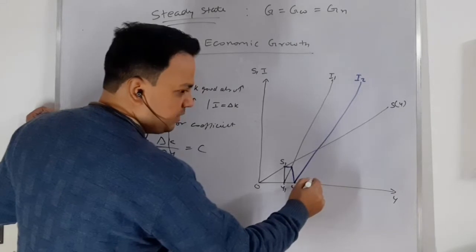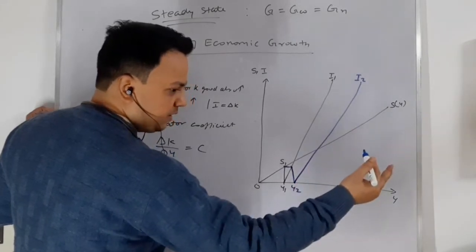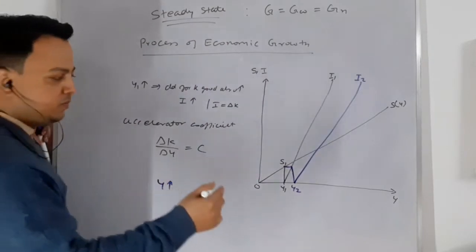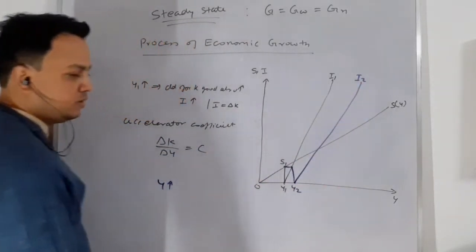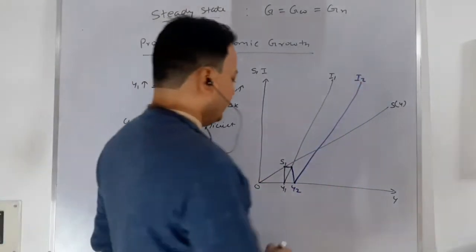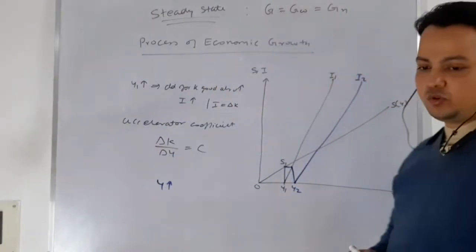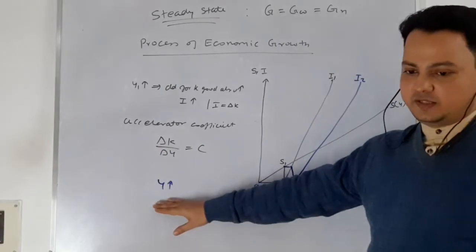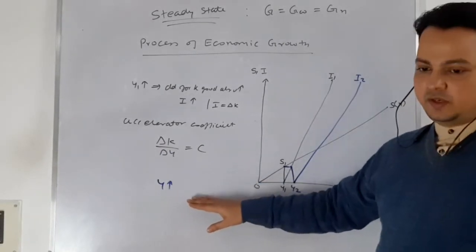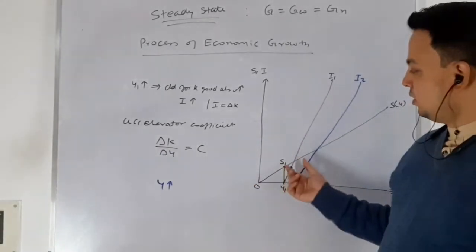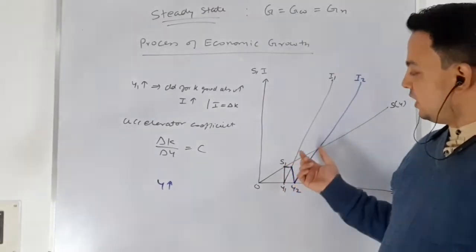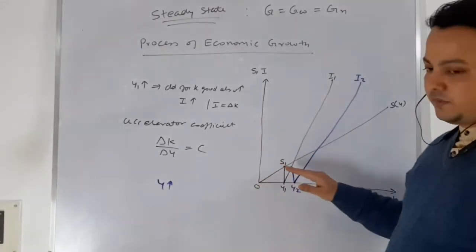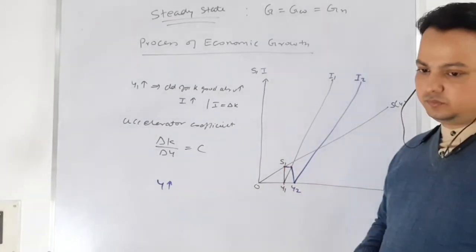When income increases to Y3, demand for capital goods increases, and investment will be shifted upward. In this way, economic growth is taking place. So the process of rising income, saving and investment we have shown through the accelerator principle. It is through the accelerator effect that growth is taking place.